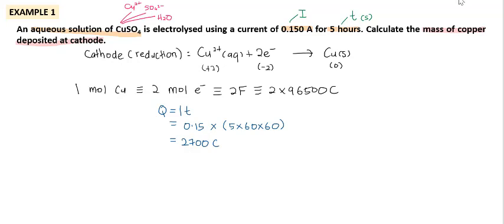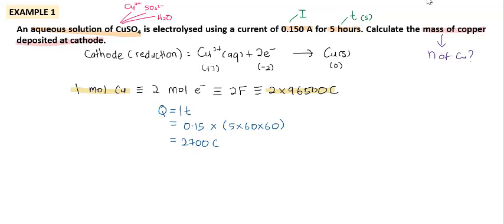Since we need the mass of copper, we need to know the number of moles of copper. From the stoichiometry, from the relationship that we got here, relating moles and charge, since we have the quantity of charge used in this electrolysis, we can find the number of moles of copper deposited at the cathode.